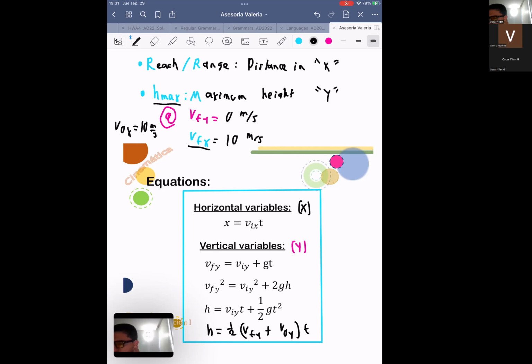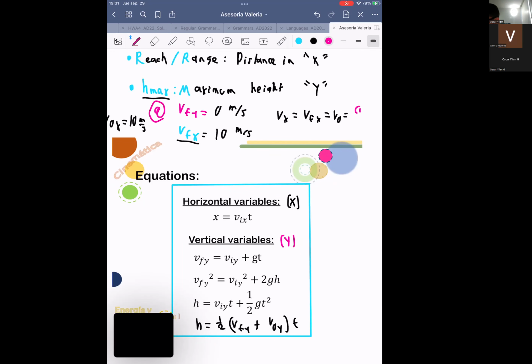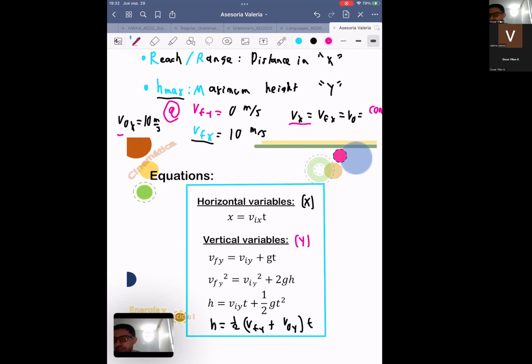If you remember, Vx is always going to be constant. Our velocity in X will never change. So if your original velocity was 10 meters per second, in all your trajectory in the X direction your velocity is always going to be constant.